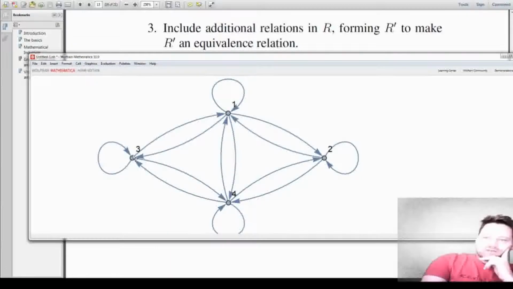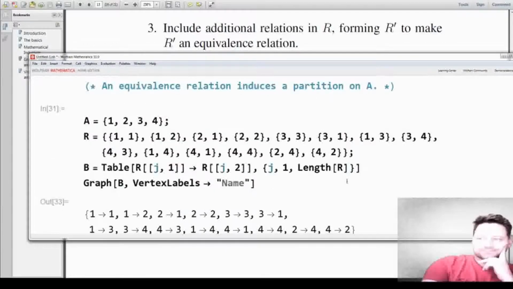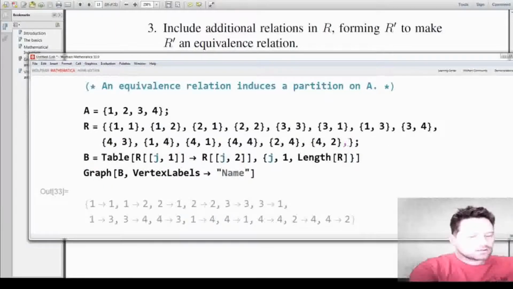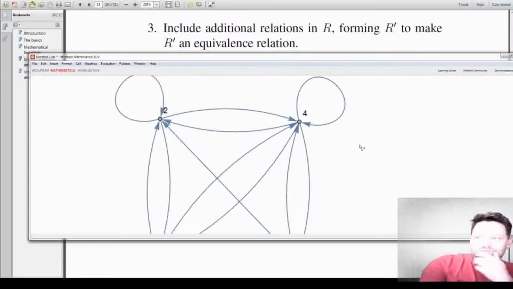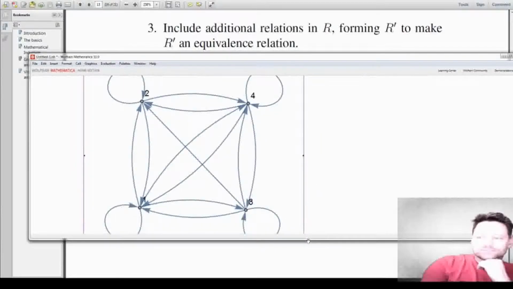So we have 3 going to 1 and 1 going to 2. Do we have 3 going to 2? Well, no, we don't. So we need to include that. 3 goes to 2. Shift and enter. Now I need to make this a little smaller so you can see it.